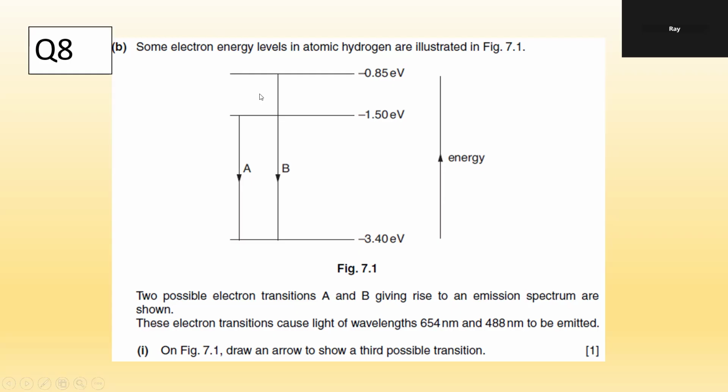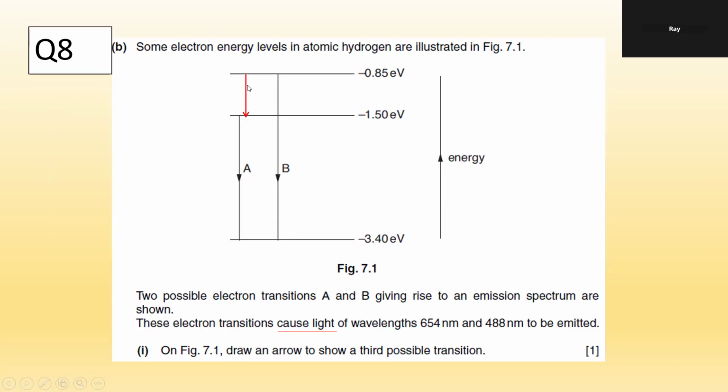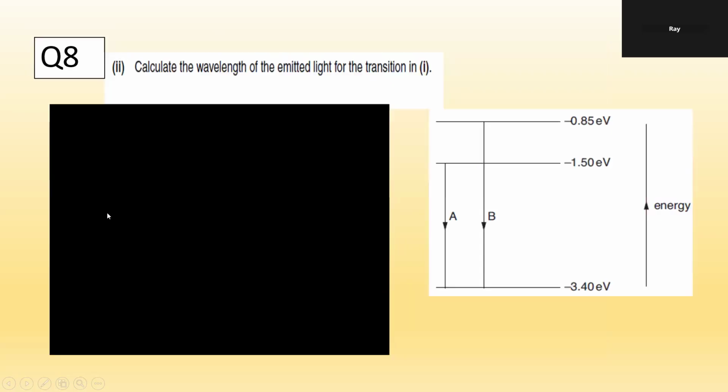From here to here, that's all. No others. This one to here. Calculate the wavelength of light for transition one. Now you should be able to do that.